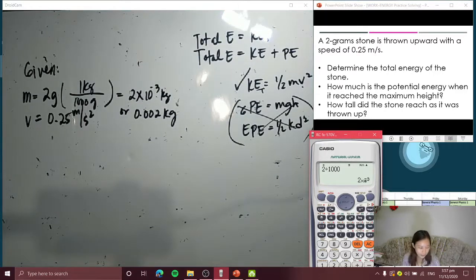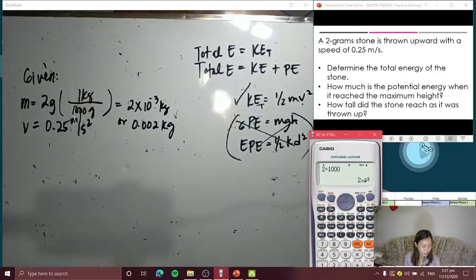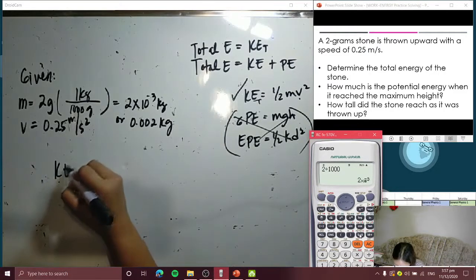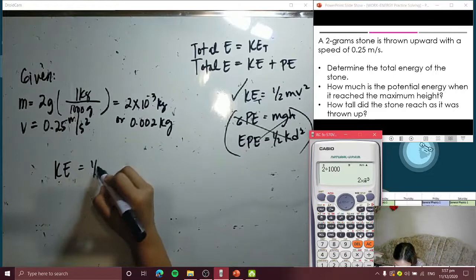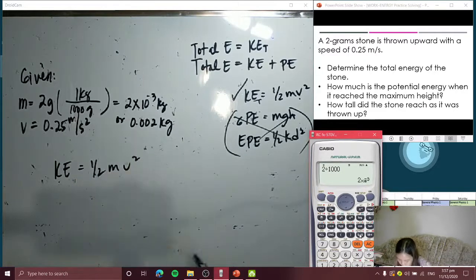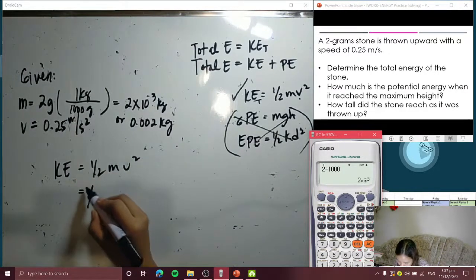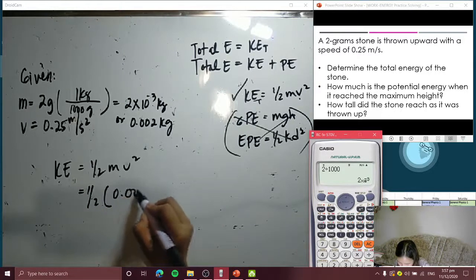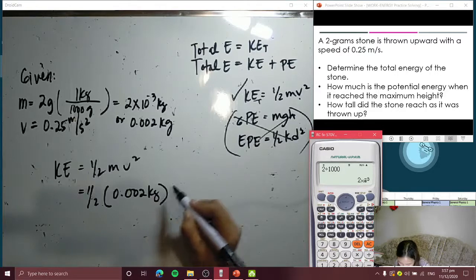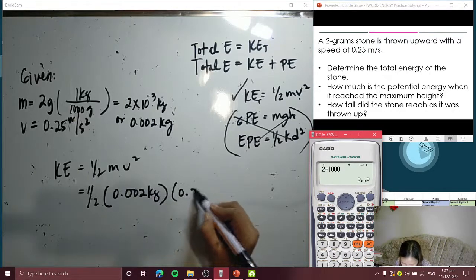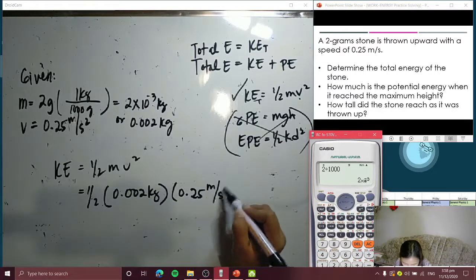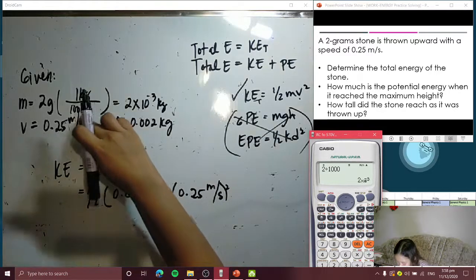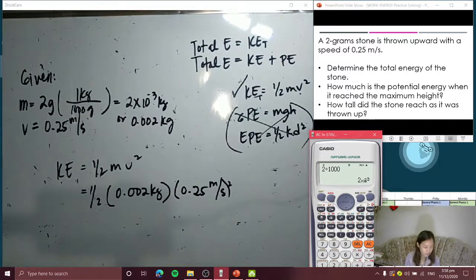Okay? So, let us try to solve for our total energy. So, we have here KE is equal to 1/2 mv squared. So, substitute lang 1/2 times the mass, that is 0.002 kilograms, times the V, that is 0.25 meters per second, and then square. So, ayan. Nagsala si Miss.